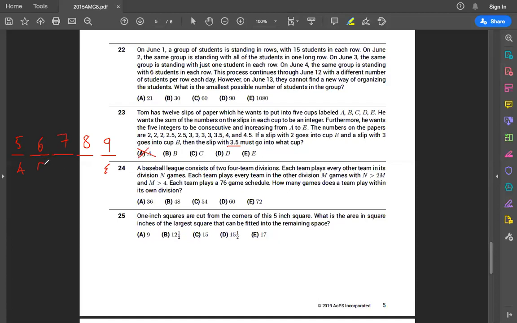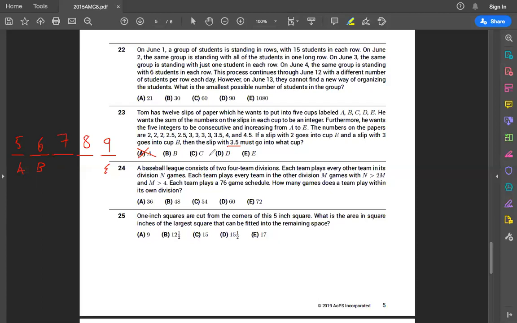How about B? Well, if 3.5 goes into B, then what would we need? We would need a 2.5, right? Okay, so that could work.